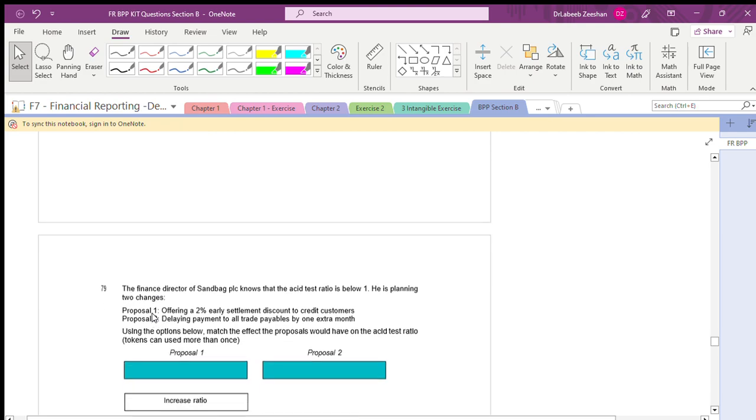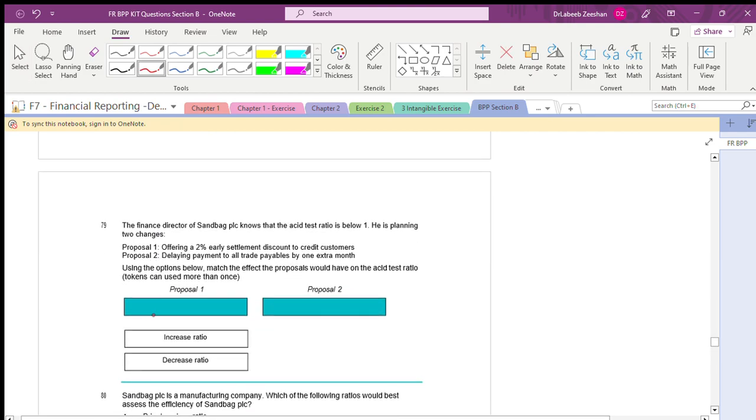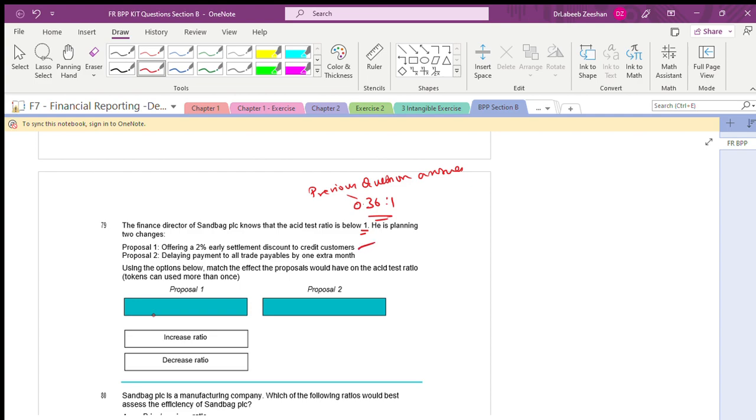Now, this is another conceptual question. The finance director of Sandbag knows that the acid test ratio is below 1. It is 0.36 to 1. You take the previous question's answer. Now, he is planning two changes: offering a 2% early settlement discount to credit customers, and delaying payment to all trade payables by 1 extra month.